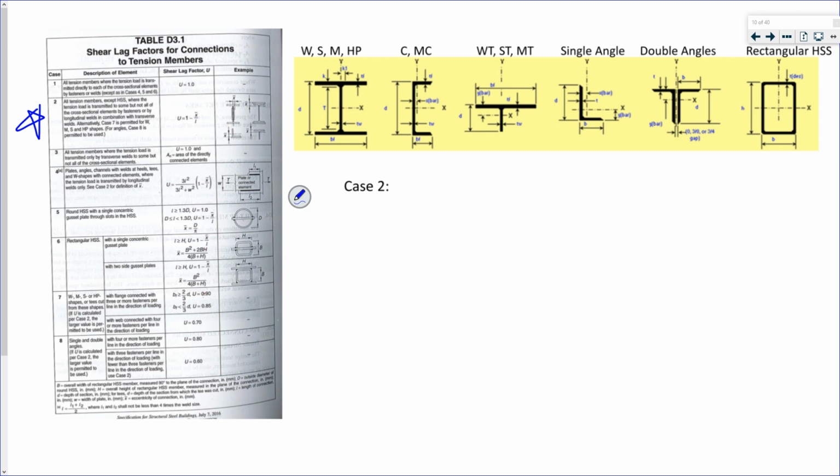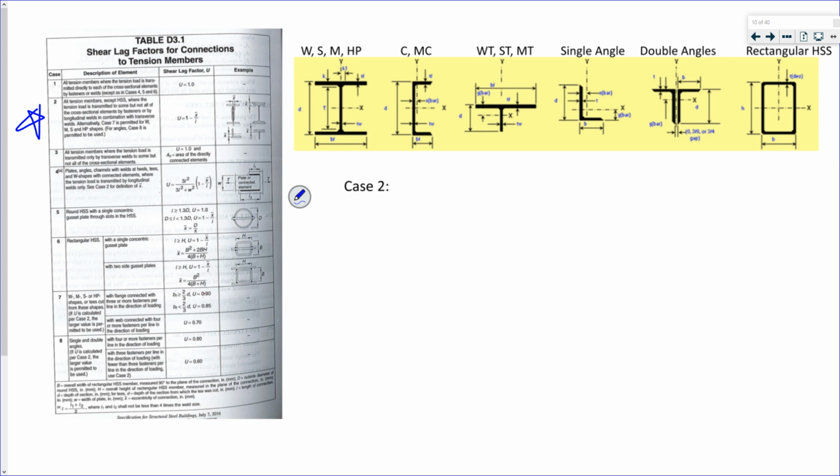What I mean by that is if every flange and every web, both legs of an angle, the web and the flanges of a T, all 4 sides of an HSS, actually it says, no, you can't do that. But, yeah.